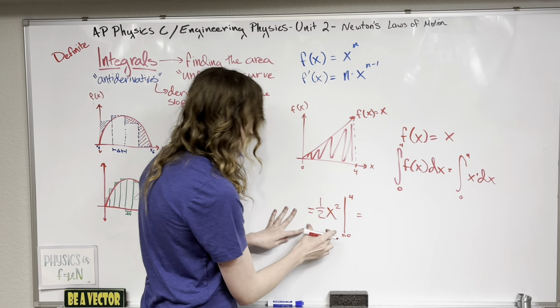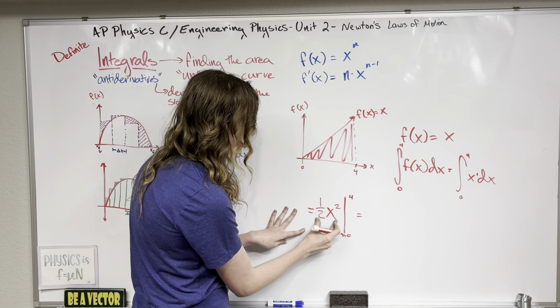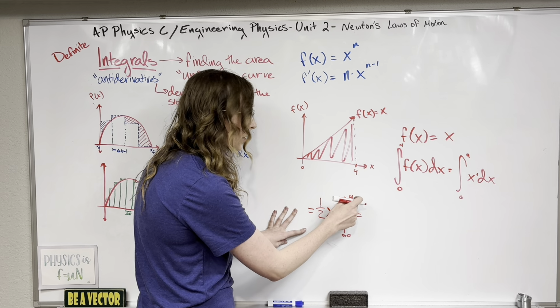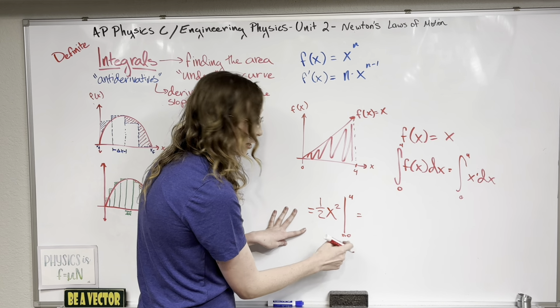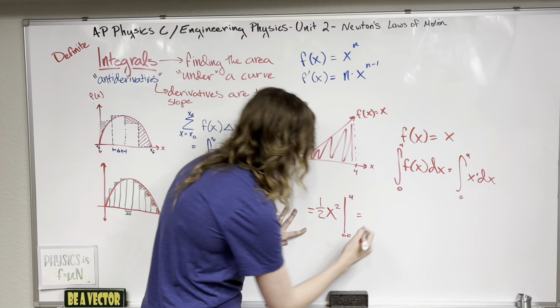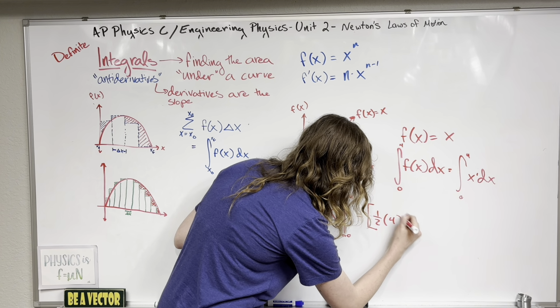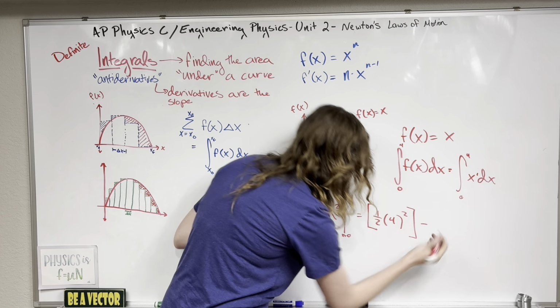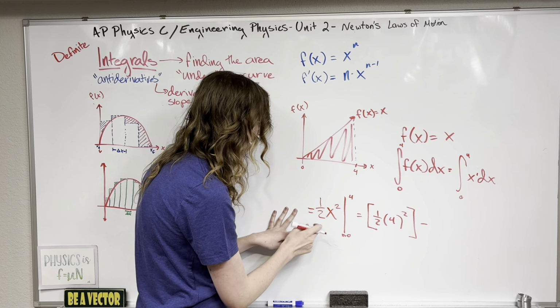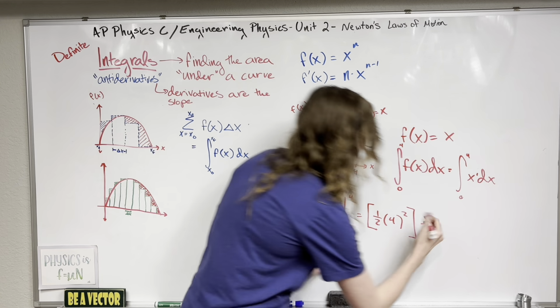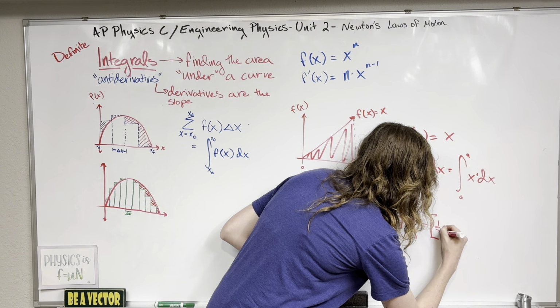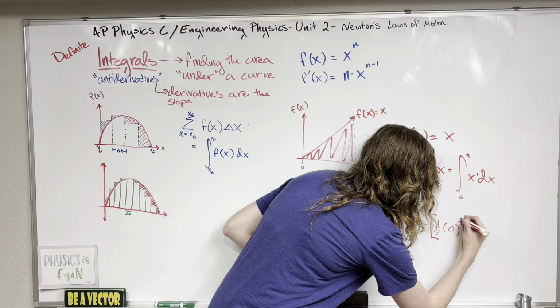And the way I do that is by evaluating this expression here at x equals 4, and then subtracting where I started at x equals 0. So this means I have 1/2 times 4 squared, and then I'm going to subtract this same expression evaluated at x equals 0. So that would be 1/2 times 0 squared.